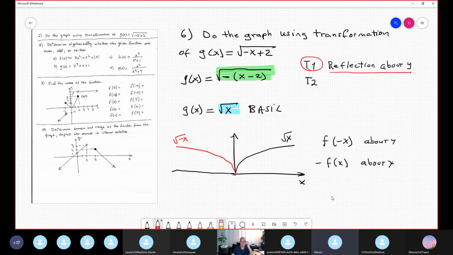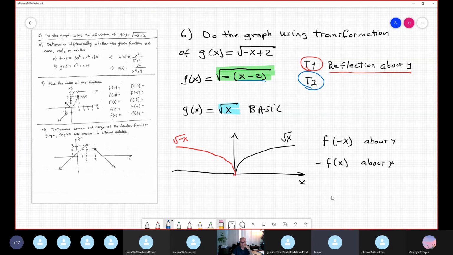And what about the second one? The second transformation that you see here in this expression. I need to classify it. Is it compressing, stretching, reflection again, horizontal shift, vertical shift?